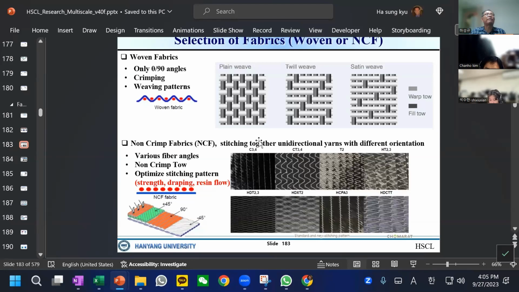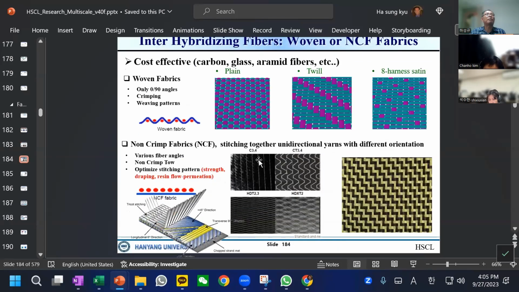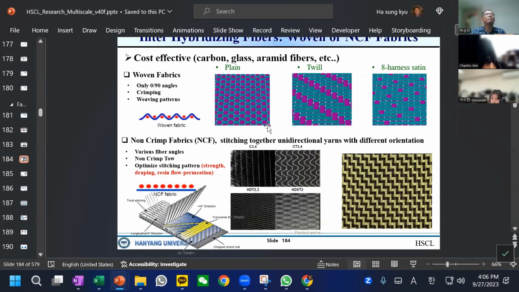Well, just for your reference, we can model them using our computer simulations. And this is a plain and twill, and then harness satin, and many different names.